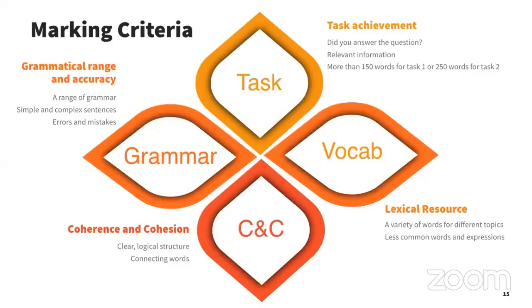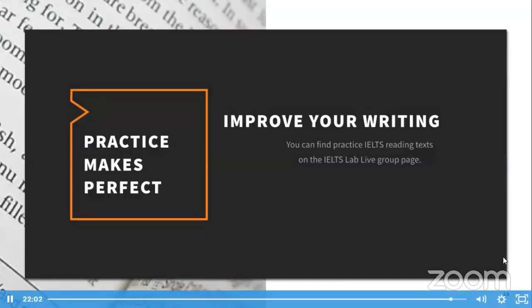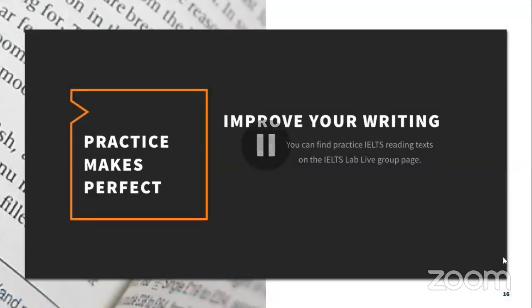Is it logical? Does it make sense? And to help you with that, you'll need to use connecting words. So these are your words like however or in addition, words like that that can connect your ideas and connect your sentences. So that was our quick run through of academic writing.